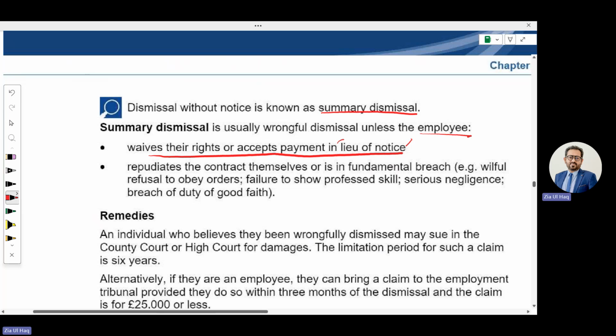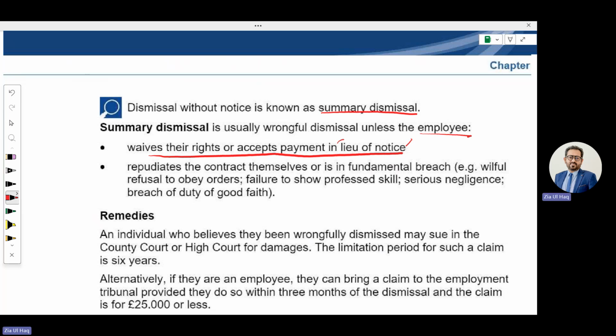I mean, if the employer is dismissing the employee, and the employee says, I also want to leave the job, so I will leave today if you give me 1 month pay of notice period.